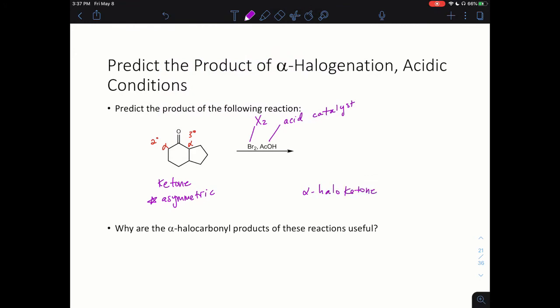The only question really is which alpha haloketone, because there are those two alpha carbons. So we might observe, and let's use bromine, bromination at the tertiary alpha carbon, or we might observe bromination at the secondary alpha carbon. So which one is it?